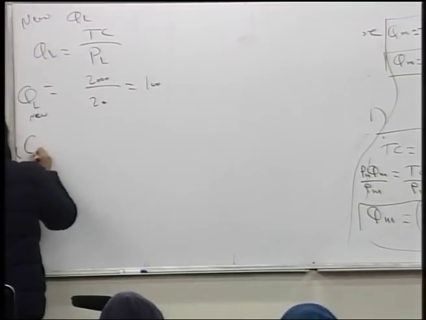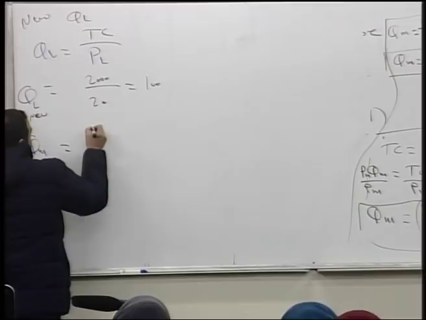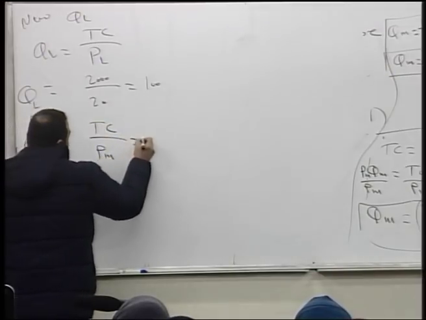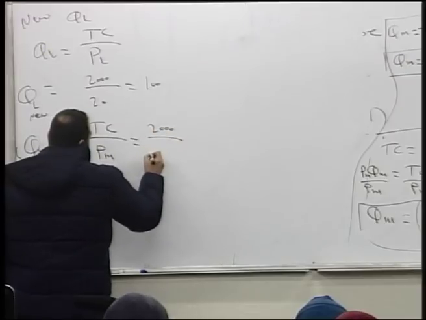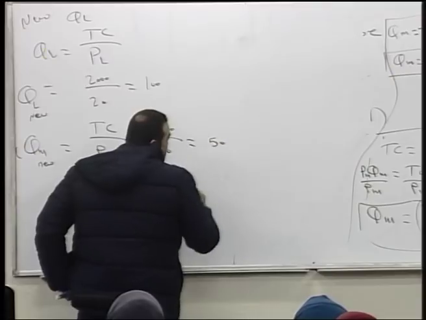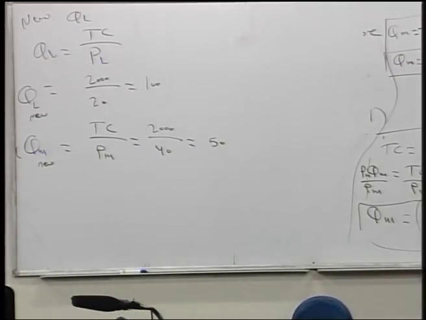And QM new equals the new total cost over the price of M, which equals 2,000 over the price of M at 40, equals how much? 50. So here the budget line, or the iso-cost line, will shift right, parallel to the previous one.